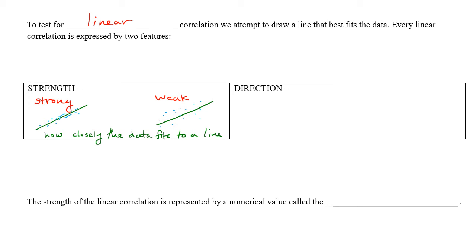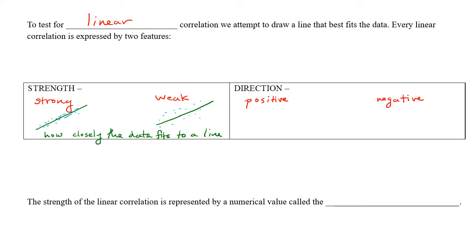Versus now the direction would be depending on whether it's moving in an upward or downward direction. So we saw before that when we have the two variables are moving in the same direction, then we have a positive correlation. Versus when the two variables are moving in opposite directions, then we have a negative correlation.